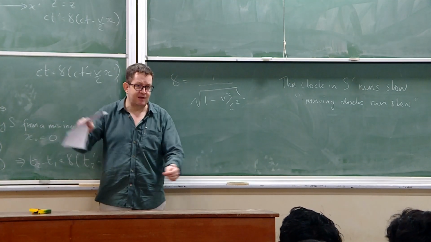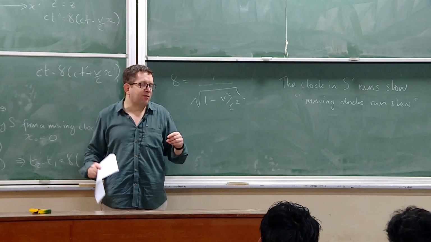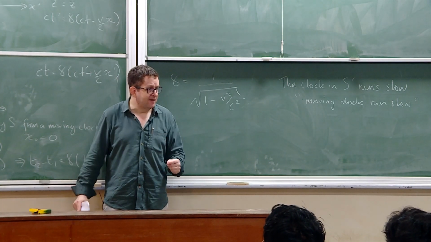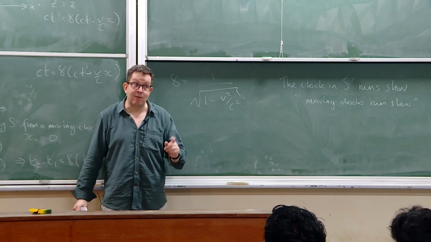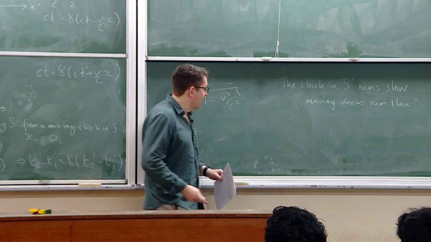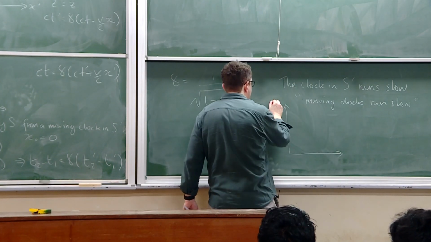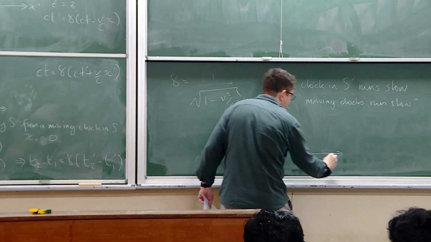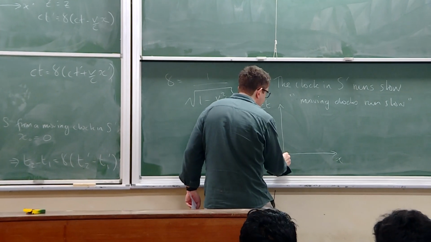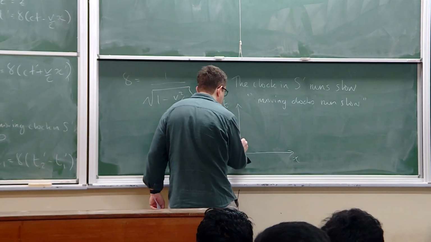Because there seems to be this asymmetry in what's happening. The resolution of this is if they're going to come back together at some point or another, one was in a non-inertial frame for a while. Okay? So how you would draw this is, if I now have t on this axis and space here, you would have one twin just stay at home.